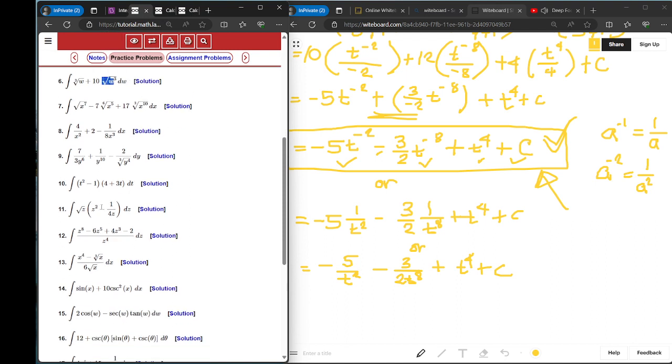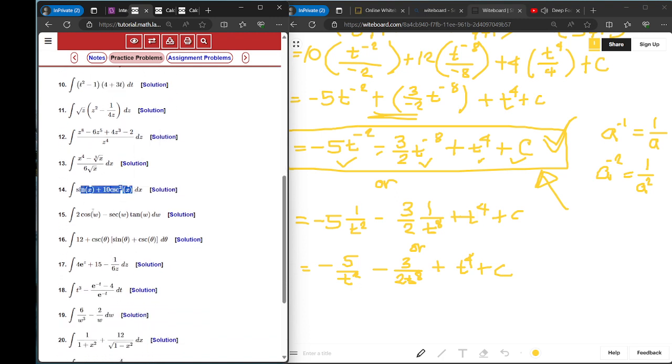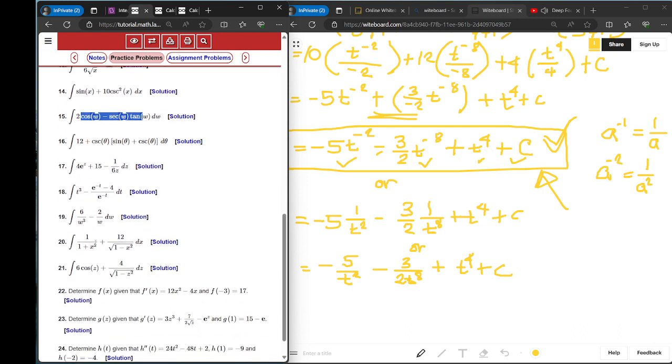Then we also have products. Then we also have sine, cosine. So these are now different properties. We have cosecant and exponentials. So we'll try to solve these tomorrow.